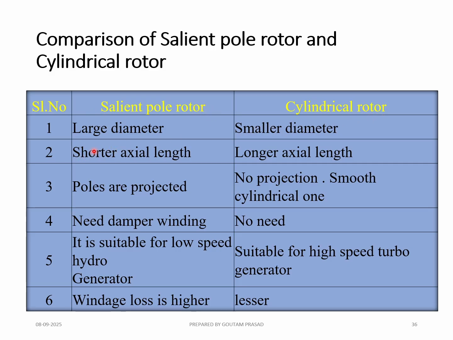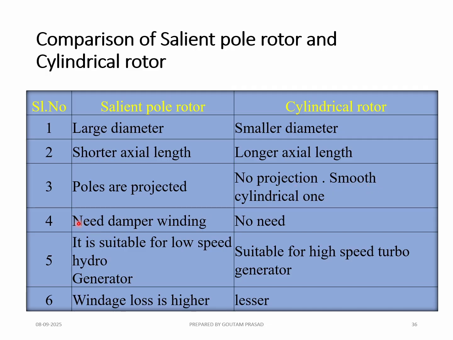Salient pole has a shorter axial length, but cylindrical pole has a longer axial length. And salient pole rotor has poles projected towards its periphery, and in the cylindrical pole rotor, no projection as such is there. They are smooth cylindrical ones.